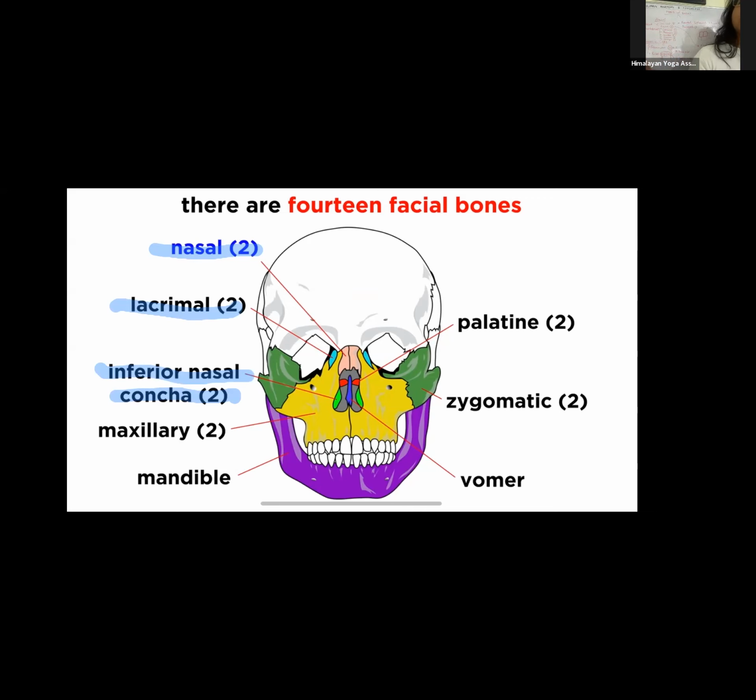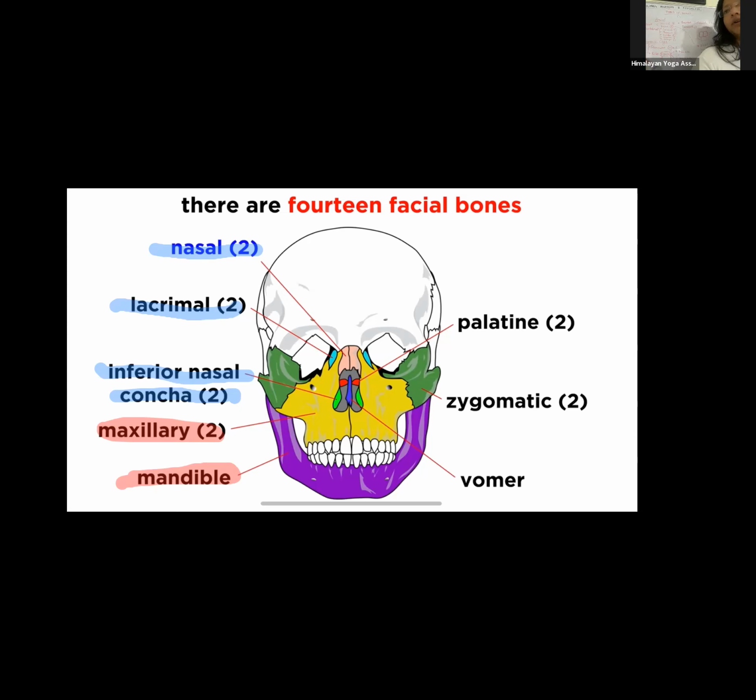Then these important ones, maxillary and mandible. Maxillary is on the top and mandible is at the bottom, the jaw. We are able to speak because this mandible is a movable joint. It is limited, but it is movable, because of which we are able to speak and eat.